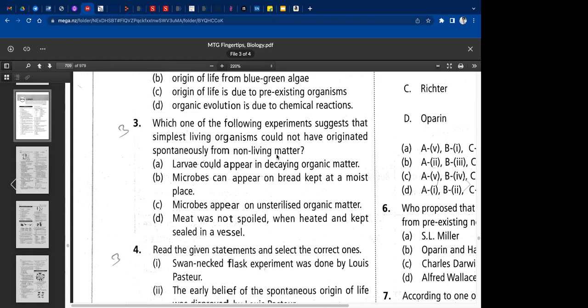So later on it was found that it's not possible that life can originate spontaneously from non-living matter. But the question is asking, which of the following experiments suggests or convinces you that simple living organisms cannot originate spontaneously from non-living matter? Yes, your answers in the chat.